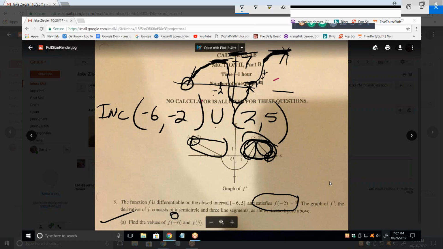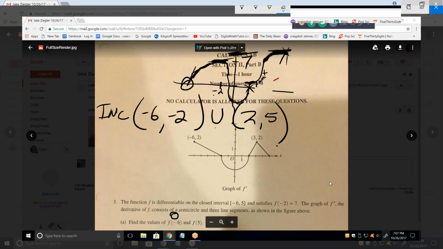And you can see where the way I've drawn it, the slopes go from steep to small, which agrees with this picture. So answering where it's increasing and decreasing is a piece of cake.